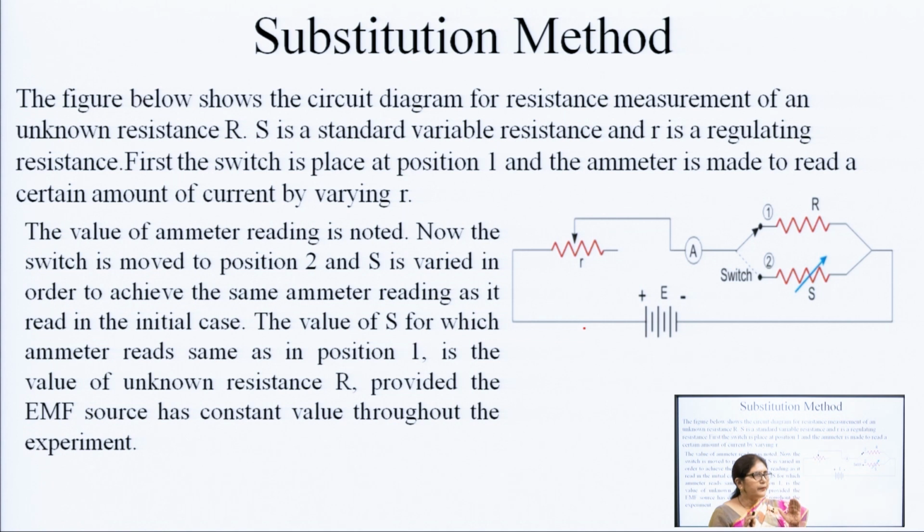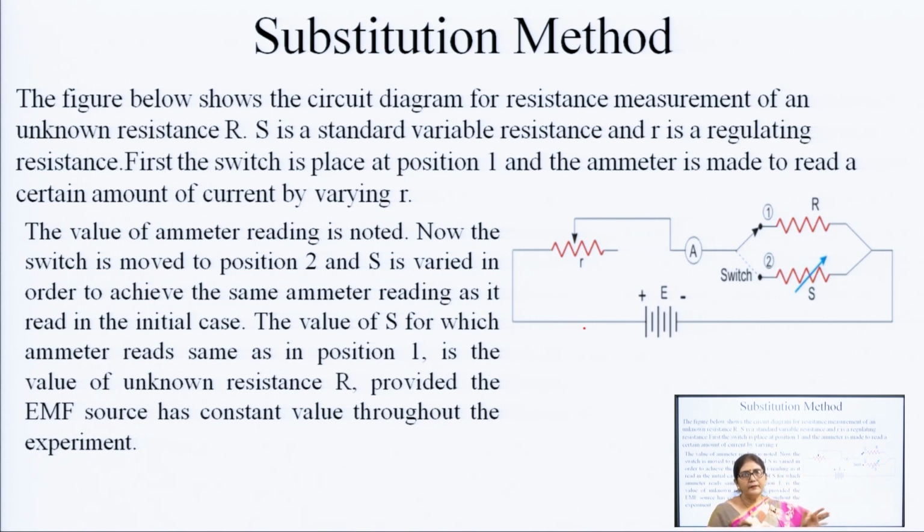Because the voltage is the same, we only have to vary this resistance to get the same value of current, and then we know the value of the standard resistance. It means that the value of the unknown resistance is the same as the standard resistance. So, this is the substitution method.